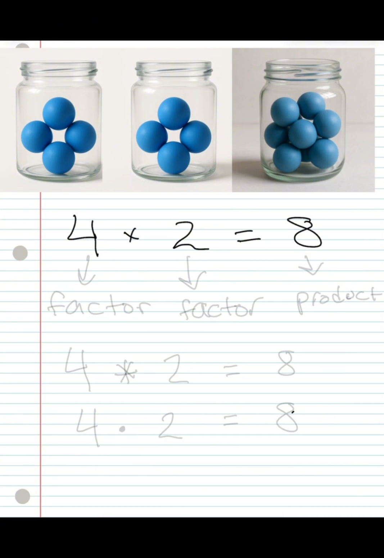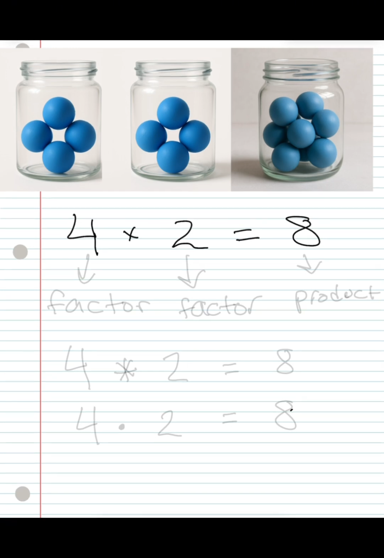On one side, we've represented 8 as 4 multiplied by 2, whereas before we had 4 plus 4, but they both represent 8. Now the numbers being multiplied together are each called factors. So 4 is a factor, 2 is a factor, and the value you get when you multiply them together is called a product.